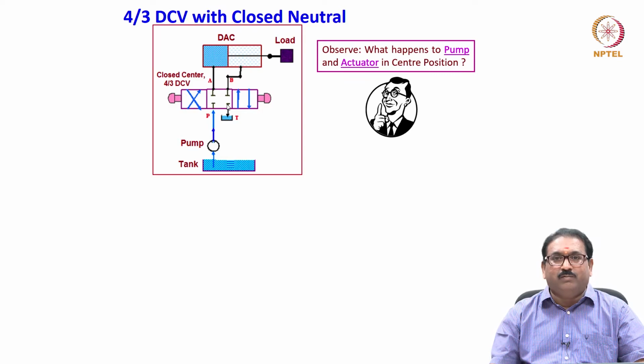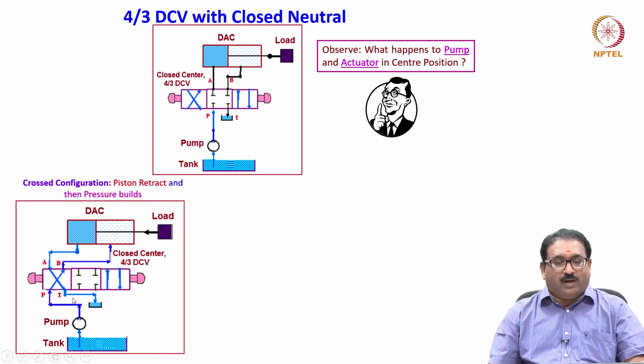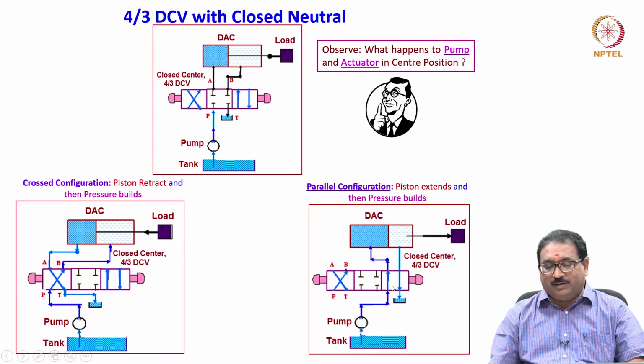Let us move now. When I push this button, the left side button, the cylinder will retract. When I push the other button, the cylinder will extend. But when I push to the center position, the pump is sending the flow, but I am not using the flow in the middle position.